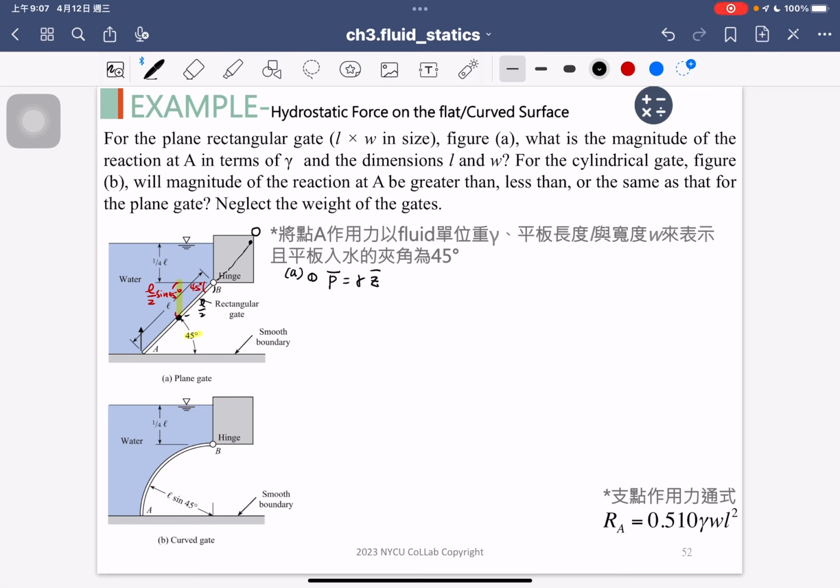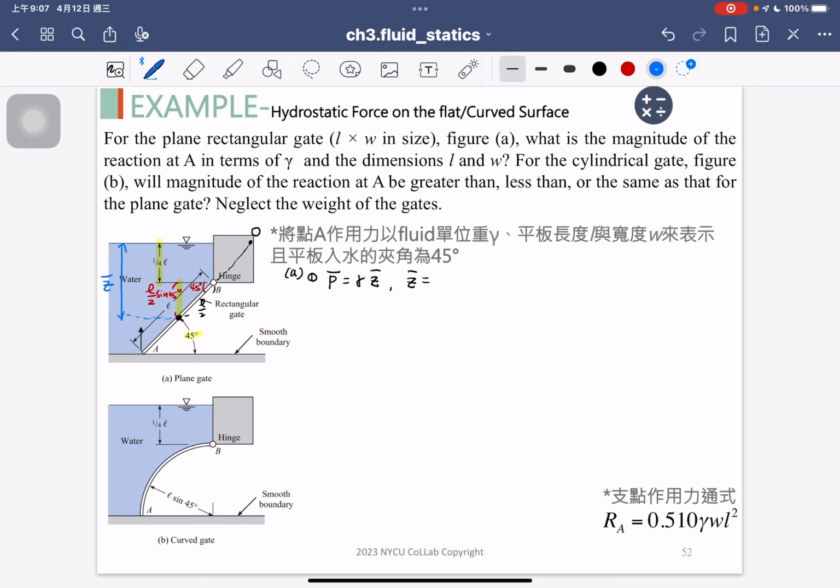So first we know that the d bar, as you can see there is 4 over L, the total length we want to calculate is along here. This is our d bar, the central depth.